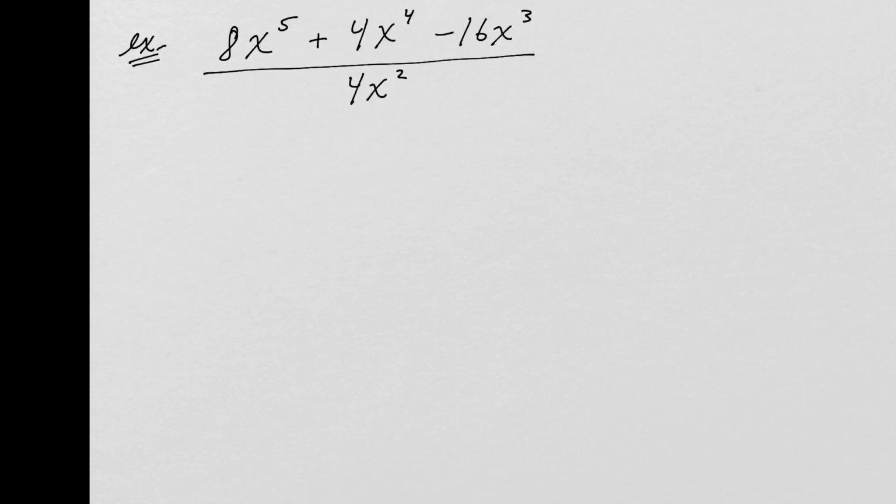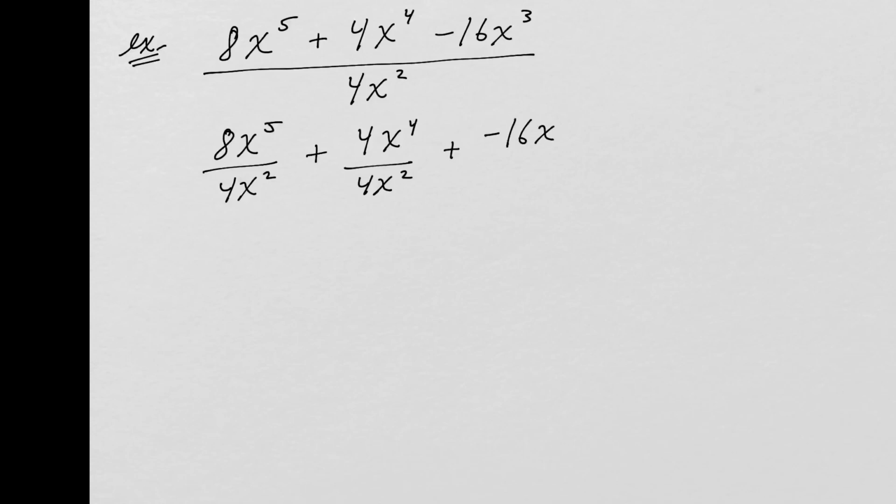So again, first rewrite this. This is going to be the first term over 4x squared, plus the second term over 4x squared, plus the third term, and I'll write it as negative 16. So I'll keep the negative with the 16x cubed over 4x squared.